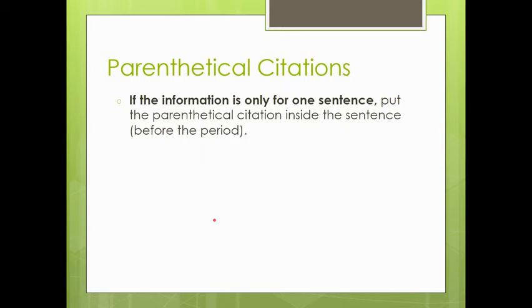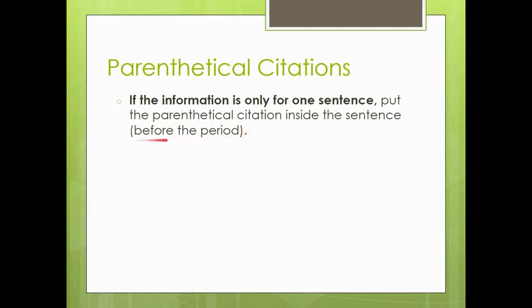All right. If the information is only for one sentence, so you're only quoting one sentence or you're only using one sentence to refer to a source, then your parenthetical citation should go before the period, like this. Notice parenthesis, parenthesis, and then the period.